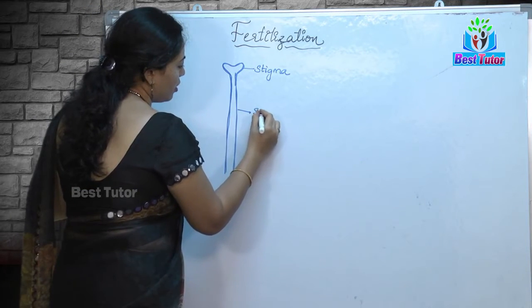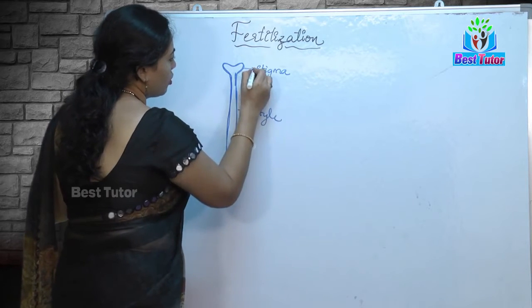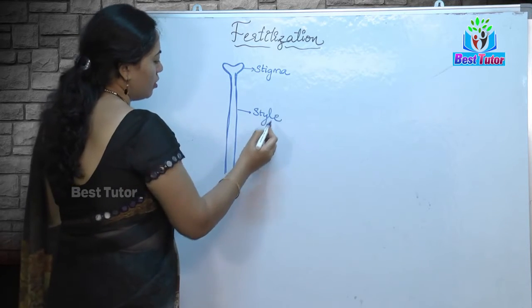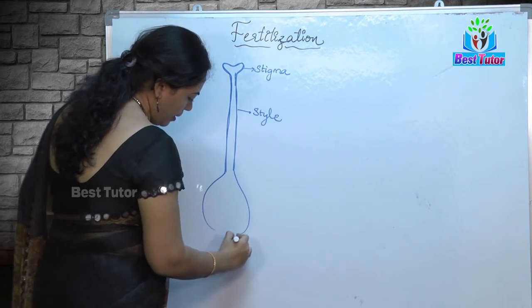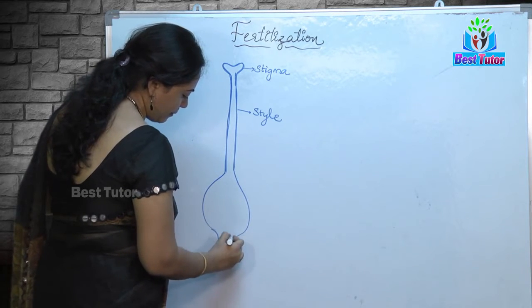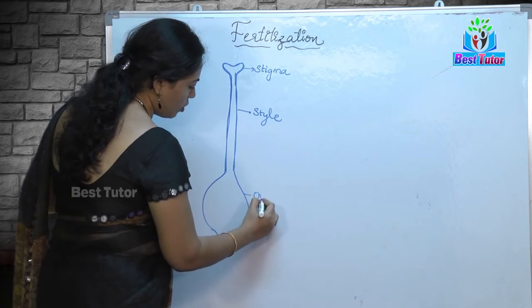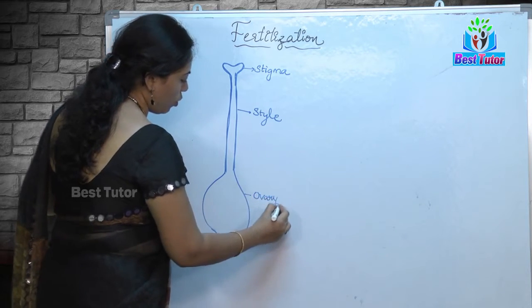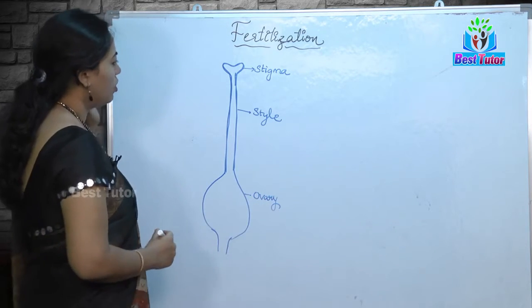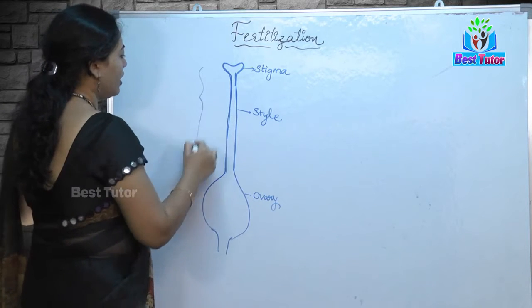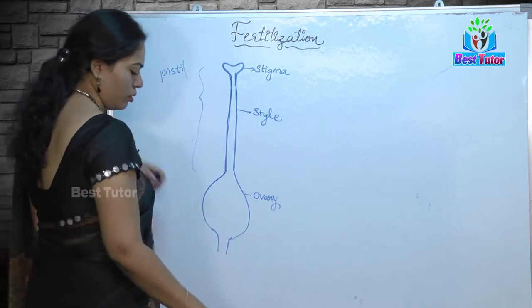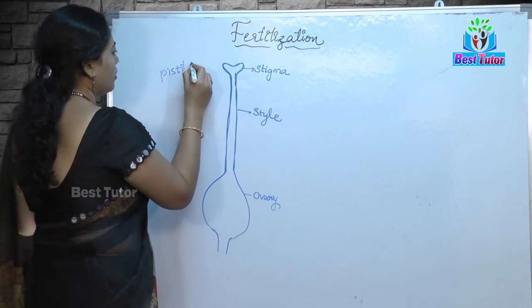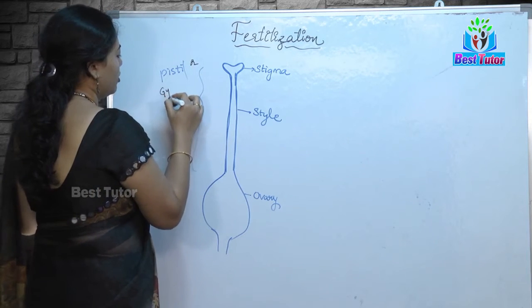Then continued with the tube-like structure called style, with the ovary at the base. So, this is the ovary. Now, this is what we call pistil or gynoecium.